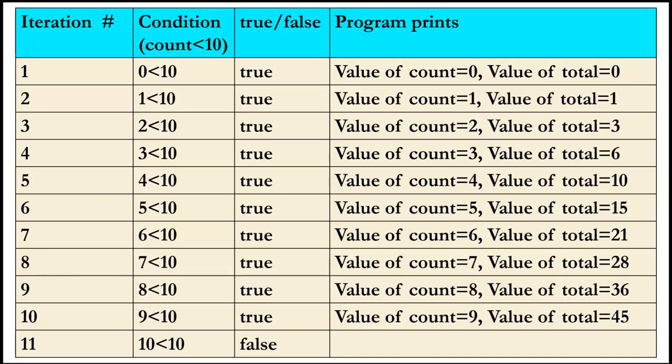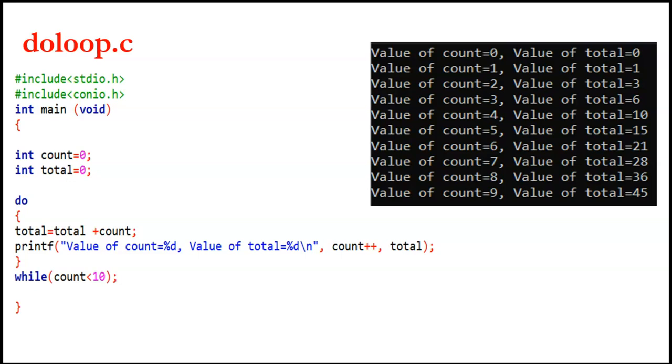And the 11th time through the loop, the condition becomes 10 is less than 10, which evaluates to false, and therefore the program prints nothing, because the do-while loop exits. So here is the output of this program. When you build and run the do-loop.c program, you get this output.